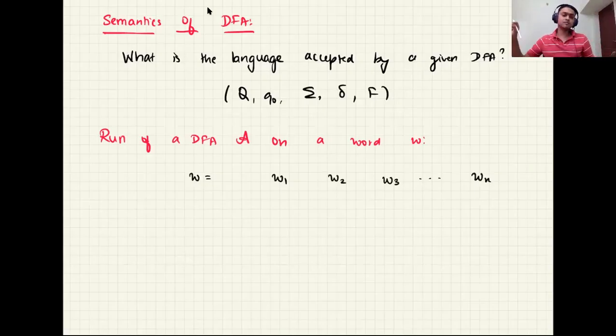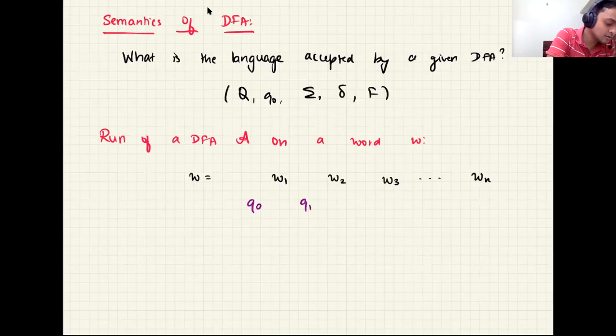A run of a DFA is a marking of states Q0, Q1, Q2, and so on till Qn, such that Qi, Wi+1, Qi+1 is a transition.